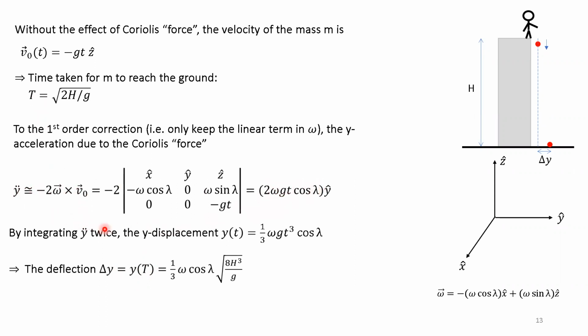First of all, I obtain y as a function of time by integrating y double dot twice, and then I substitute capital T into this function. And then I got this deflection, okay, like this.